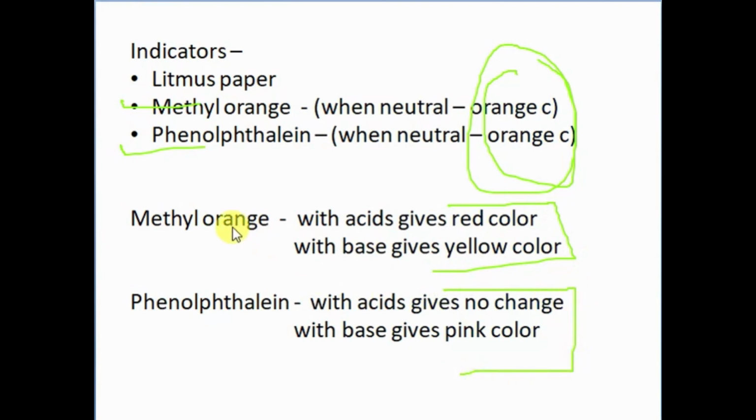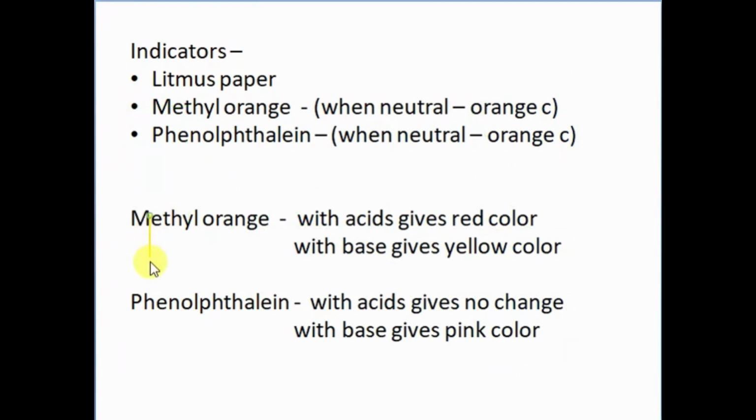When you react methyl orange with acid, it gives red color. Suppose a few bottles are kept in front of you, and you don't know what is in them, whether it is acid or base. We'll take any bottle, take a bit of that solution in a different test tube, and add methyl orange.